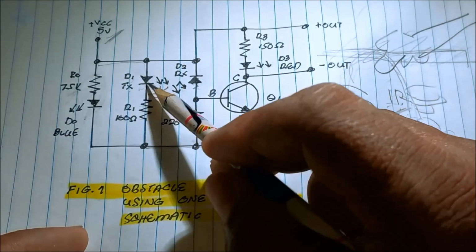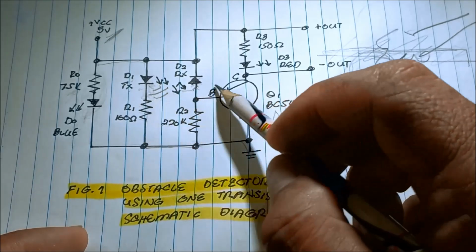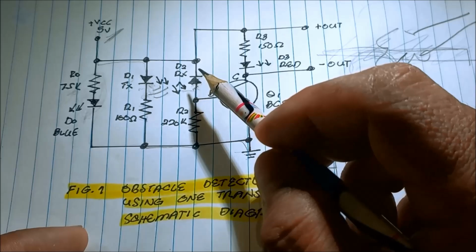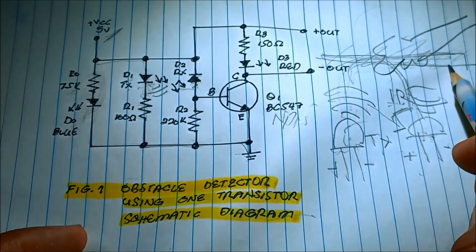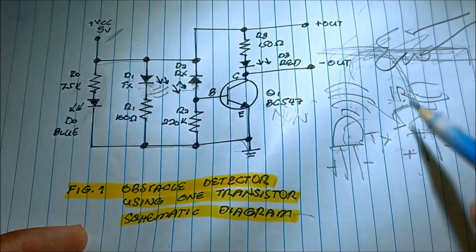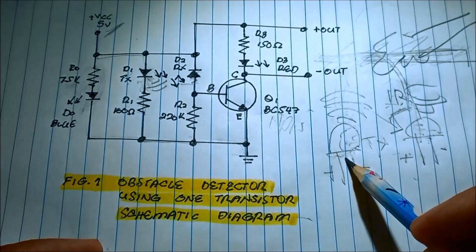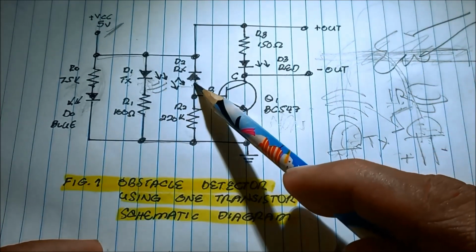This one is the transmitter, it transmits. The receiver only turns on if there is an obstacle. So there must be an obstacle to make this receiver on.